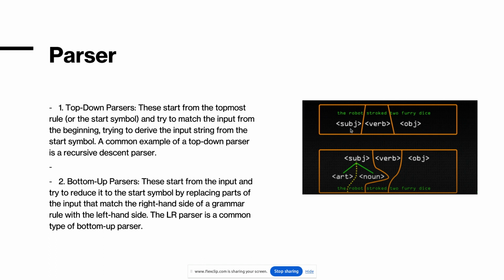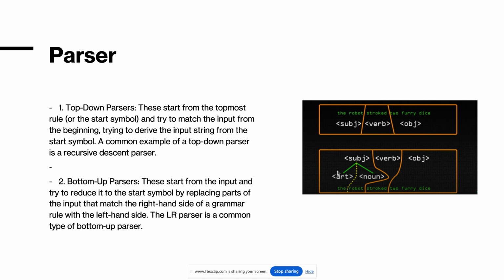Actually, if you're in computer science, the root doesn't go down, it goes up, but never mind, we just skip it. Based on that, we see the largest form and split it into the smallest units, like subject, verb, object. But the bottom-up parser is the opposite.